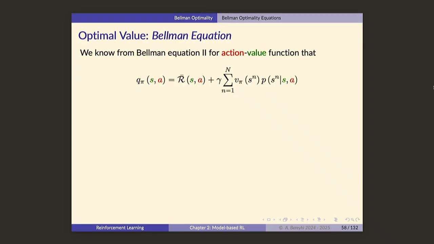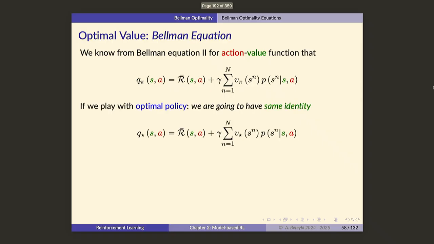Now, this is the Bellman equation that we had before. I told you before, if you forgot, just take it from my side. The Q function, the action value, is written in terms of the immediate reward plus the average of the value at the different states. Now, if I'm playing the optimal policy, that is one policy, so the Bellman equation should also hold for that policy.